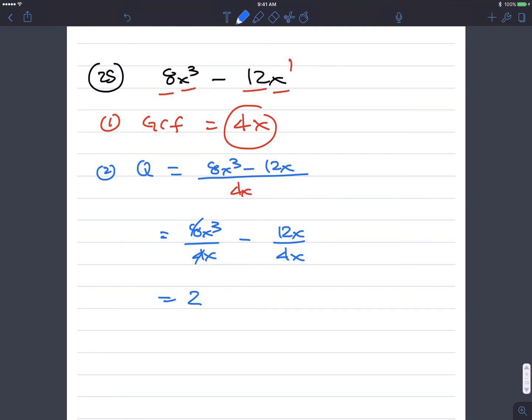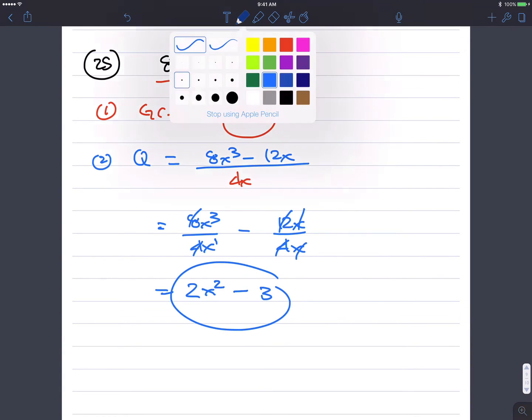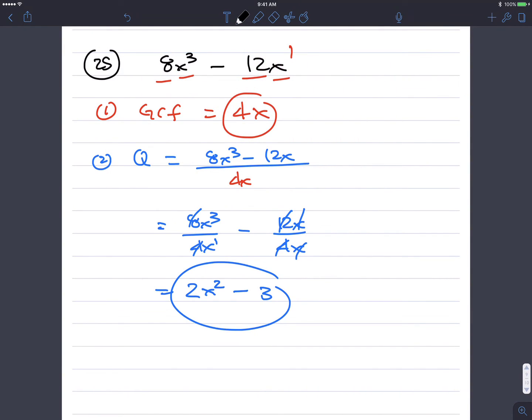X cubed divided by x to the first, isn't that x squared? 12 divided by 4 is 3. X over x. Here's my quotient. Final answer: 4x times 2x squared minus 3.